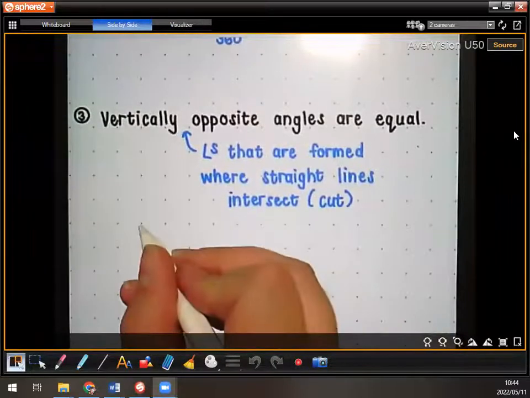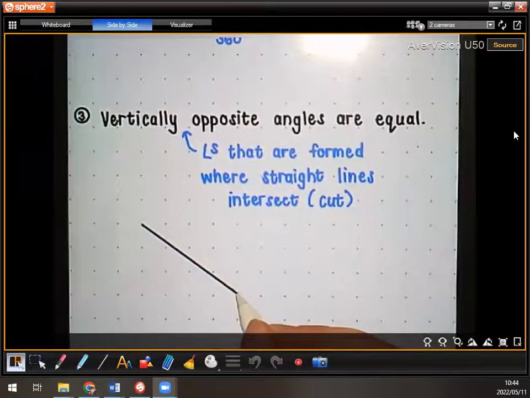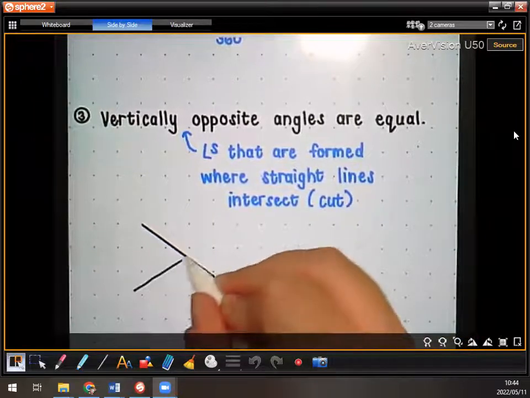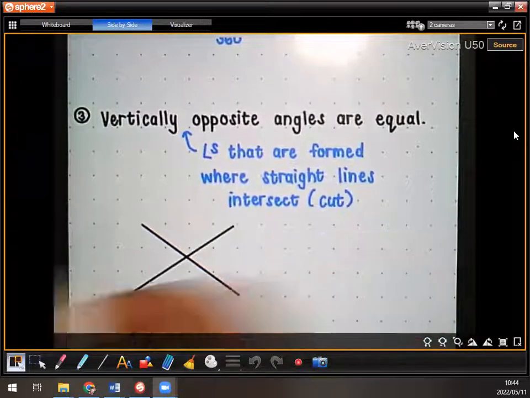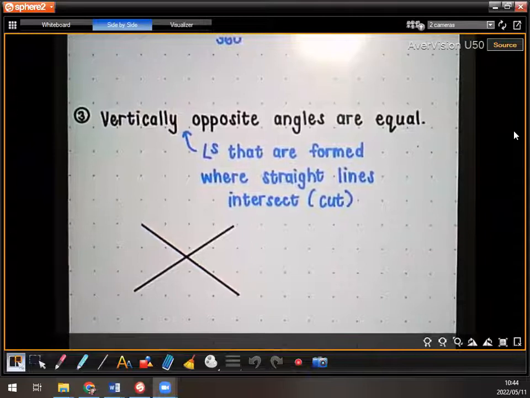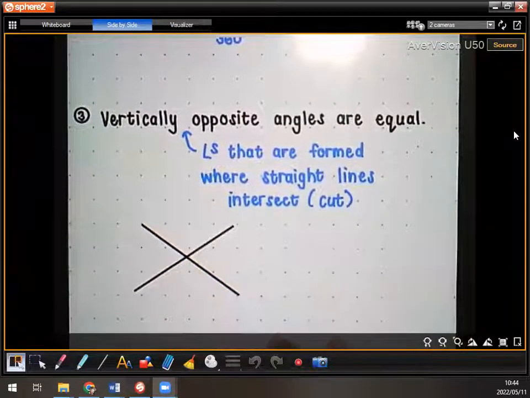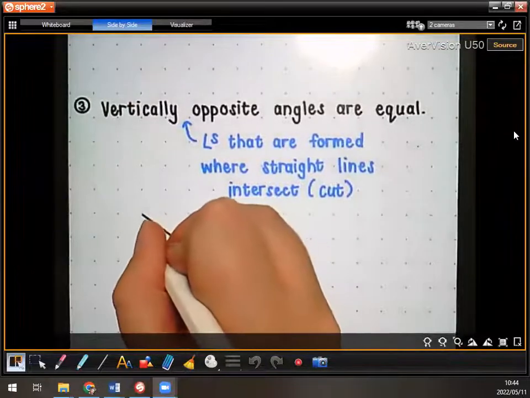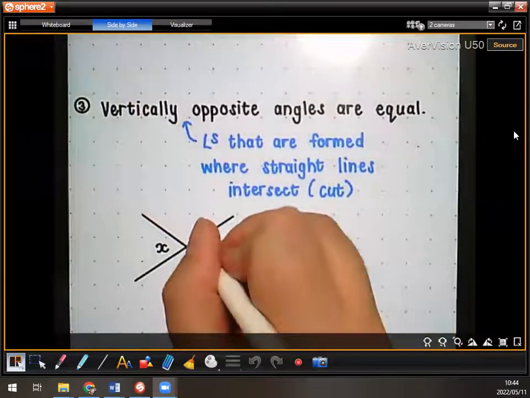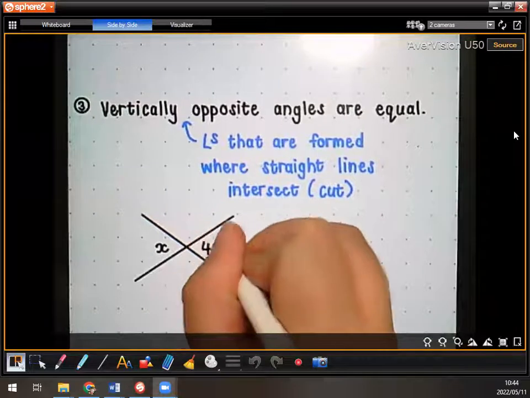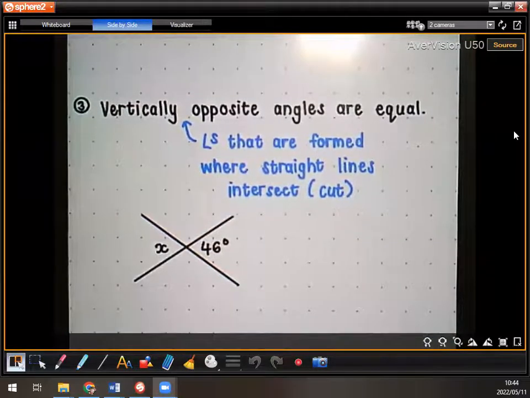So if we have one straight line and then another straight line that is intersecting the first one, that's cutting through the first one, right? And we have that is x, and this is 46 degrees.